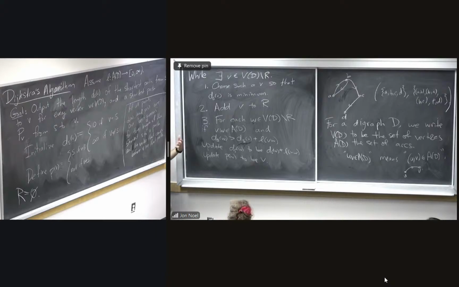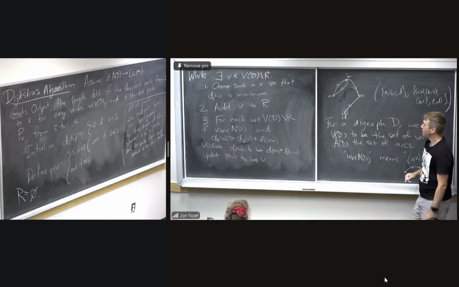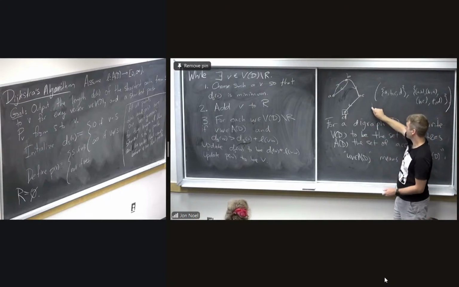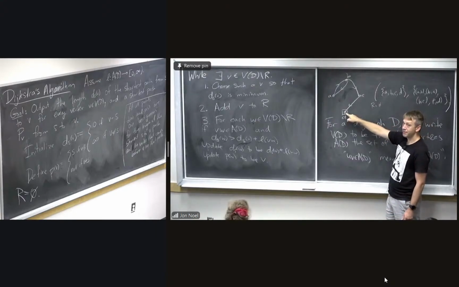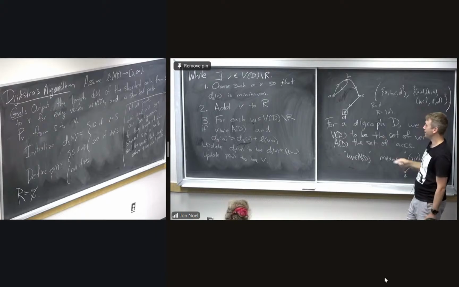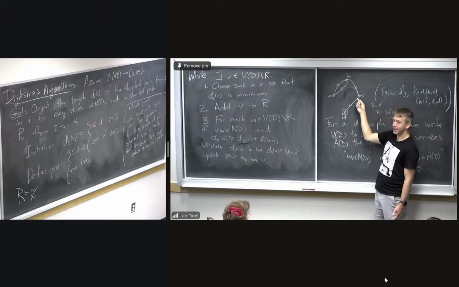But at some point you would just, I guess, if this was my S, right? In the first step, I start with R equals the empty set. The d function at that vertex is 0, so I would update R to include this. And then every other vertex has the function at infinity.